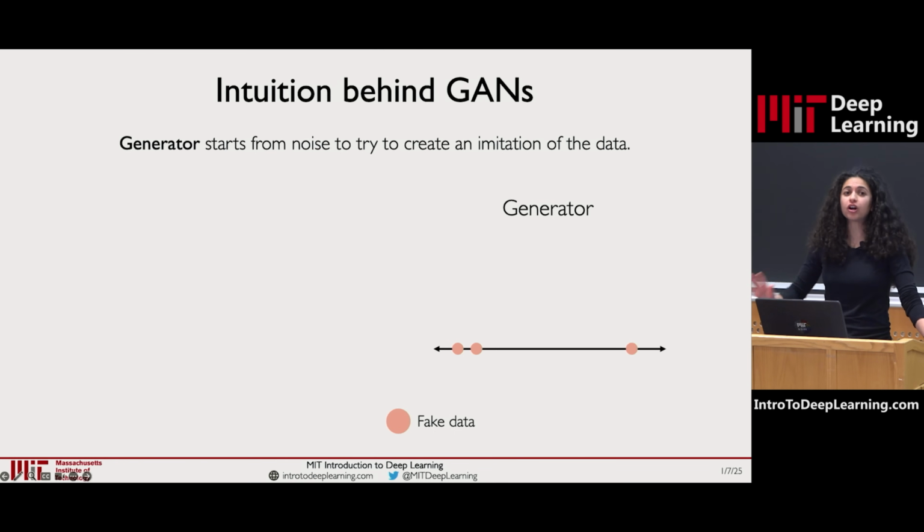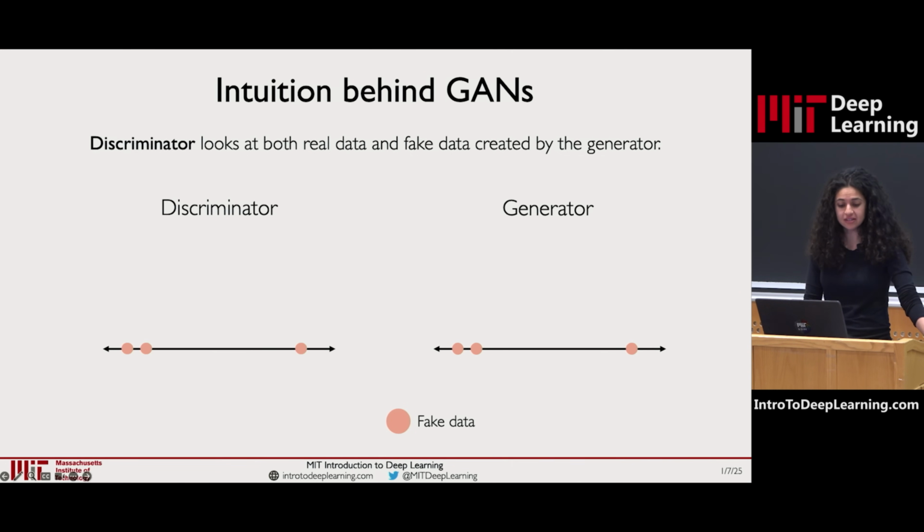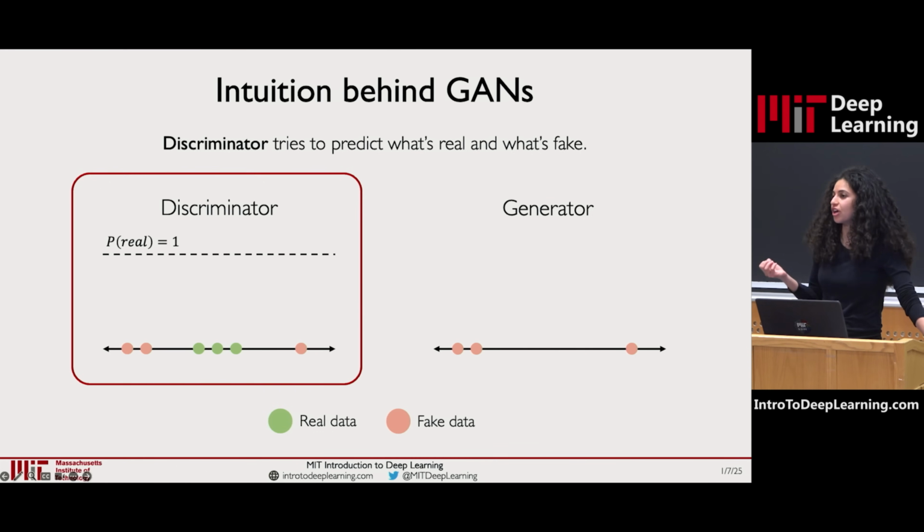The generator, remember, is starting from completely random noise. So initially, without any training, it's not going to be very good at producing fake data. It produces some instances, and now the discriminator sees these points, and it also sees some real data. Its task is to be trained to output a probability that any given data example it sees is real.